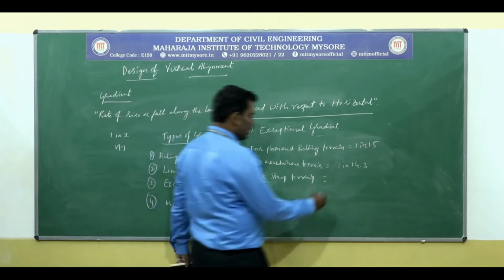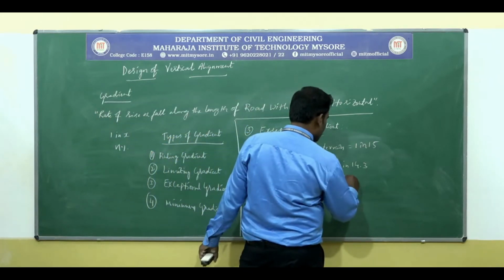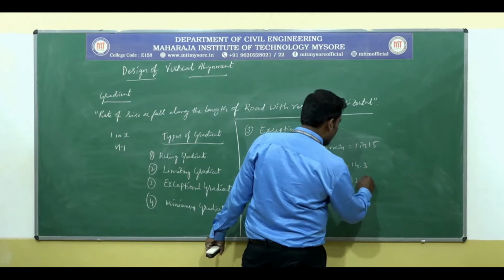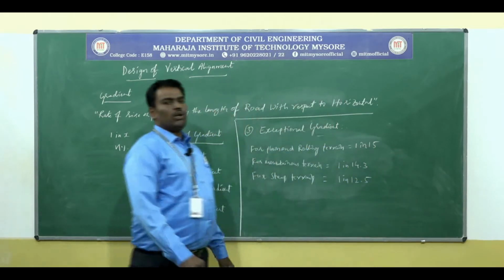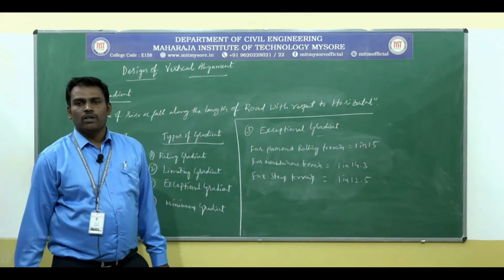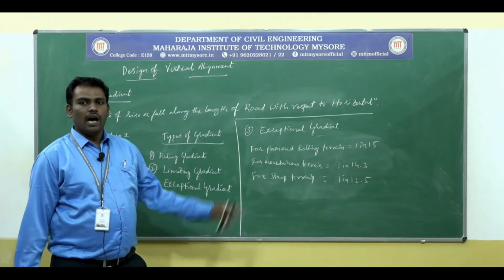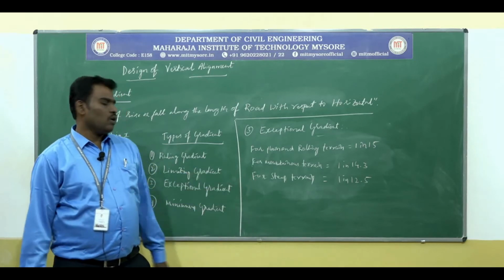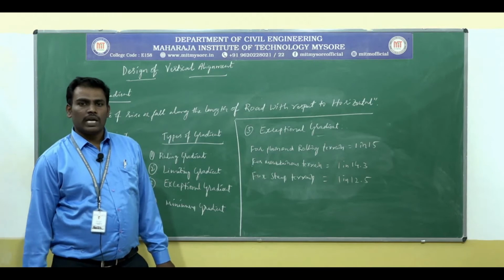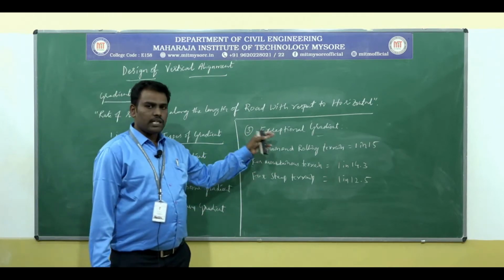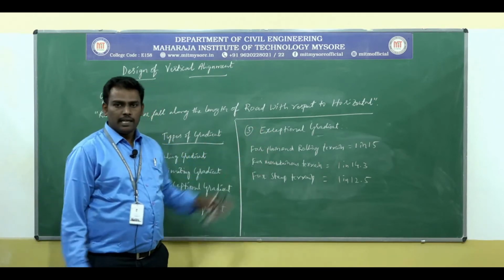And for steep terrain, it is 1 in 12.5. Is it clear? For 12.5 horizontal distance, 1 meter vertical. This is regarding the third type of gradient, that is exceptional gradient.